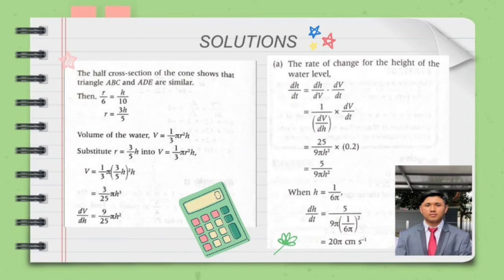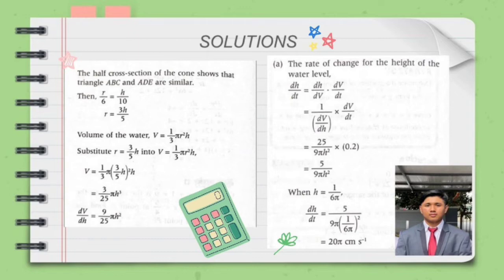Now we just need to substitute the value of r into the formula of volume of cone, which makes the equation V equal to 1/3 times pi times (3/5 h) squared, times h. When we solve it, we will have V equal to 3 over 25 times pi times h to the power of 3.